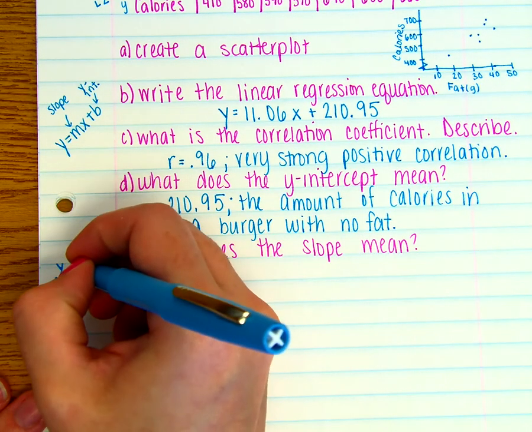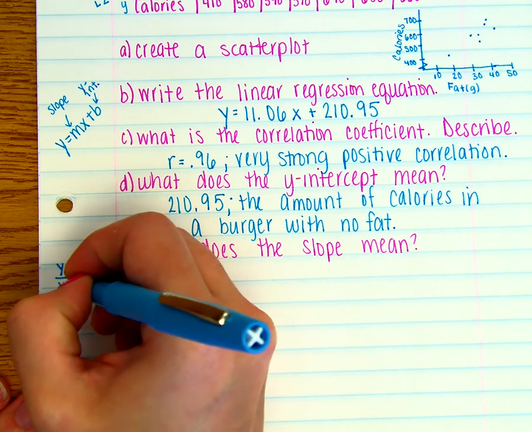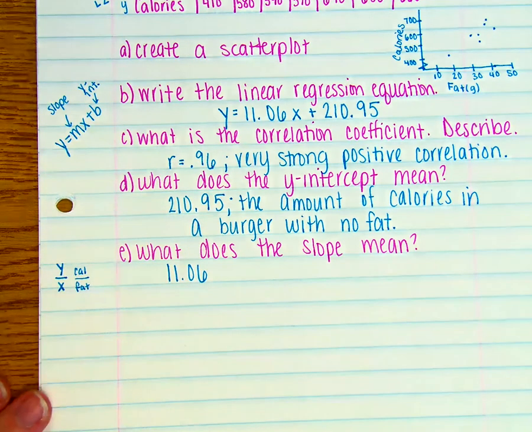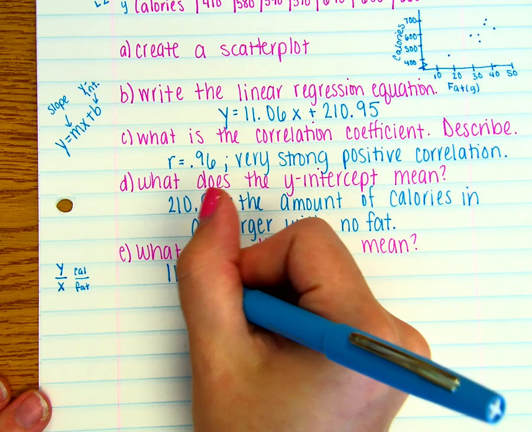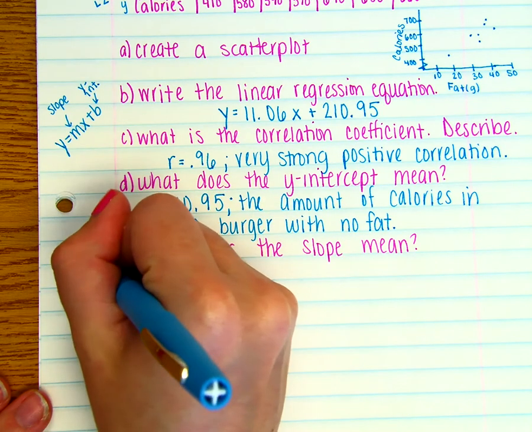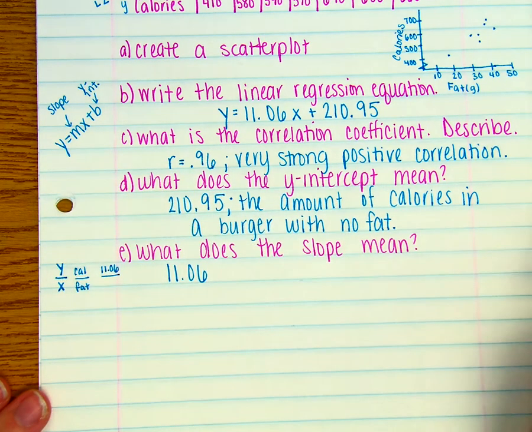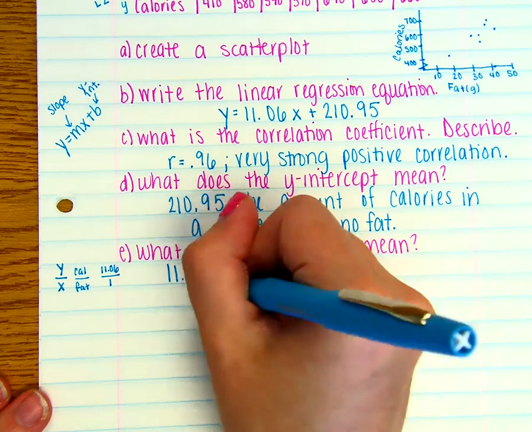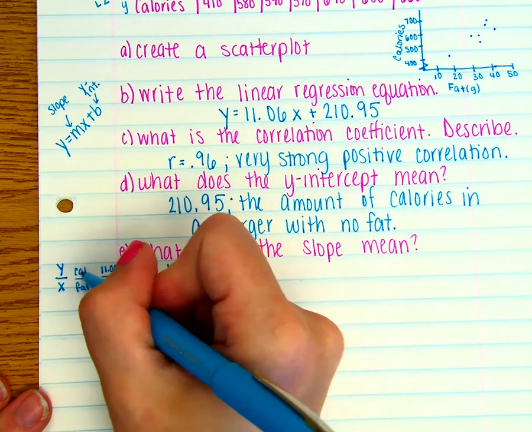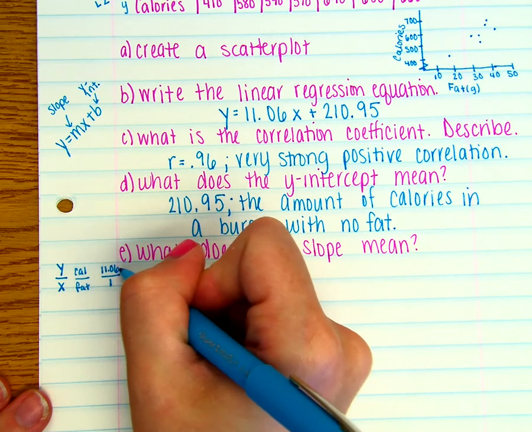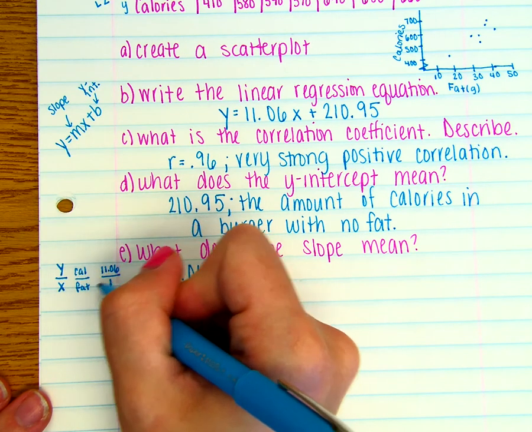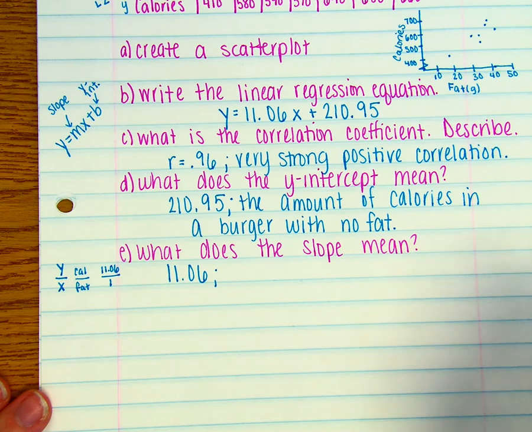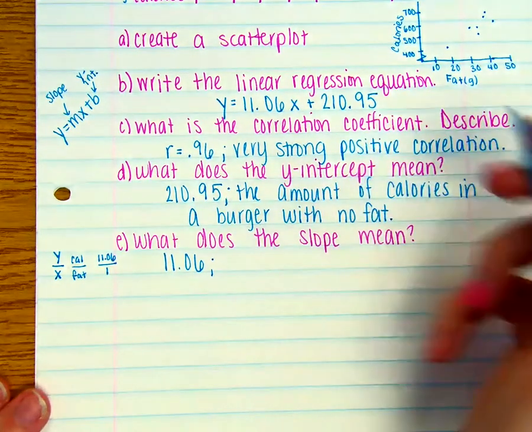So our value of y is calories, so it's the calories for fat. We have 11.06, and if I wanted to turn this into a fraction, I would have to put it over 1. So to explain what the slope means, it's 11.06 calories for every 1 gram of fat.